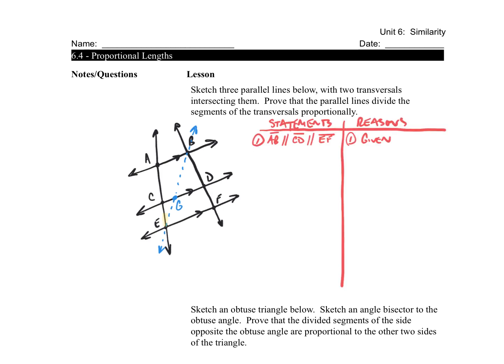Now I'm going to focus in on this triangle right here, because I could apply the triangle proportionality theorem to this triangle. And I could say that because I have a parallel line, this segment right here is parallel to one side of this triangle, AC is to CE in the same way that BG is to GE.